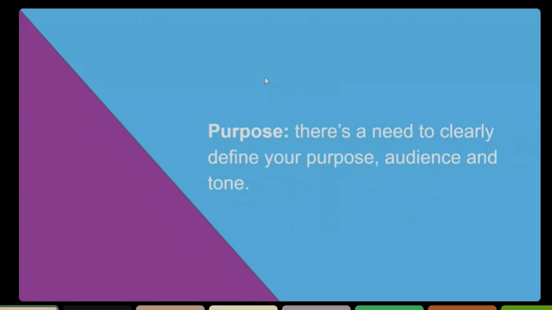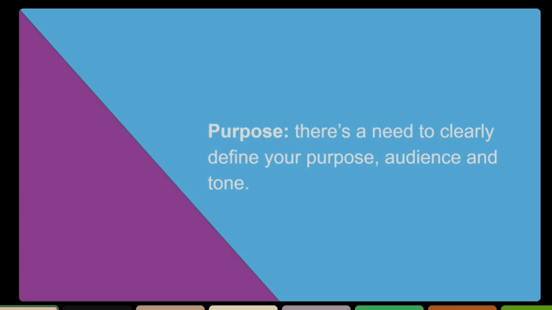Moving on, purpose. There's a need to clearly define your purpose, your audience, and your tone. This means you should ask yourself the big question: why am I writing this proposal? Once you've asked yourself that question, it gives you a purpose, and you tend to understand the importance or the reason behind writing that proposal.